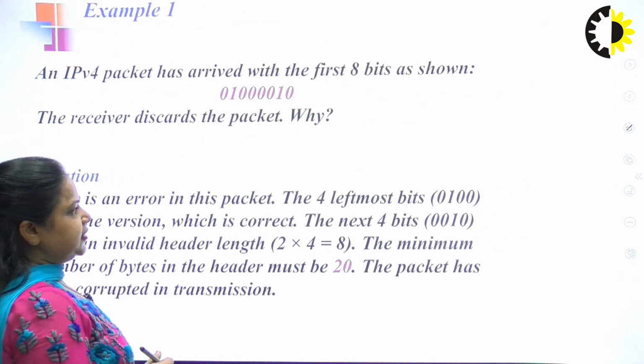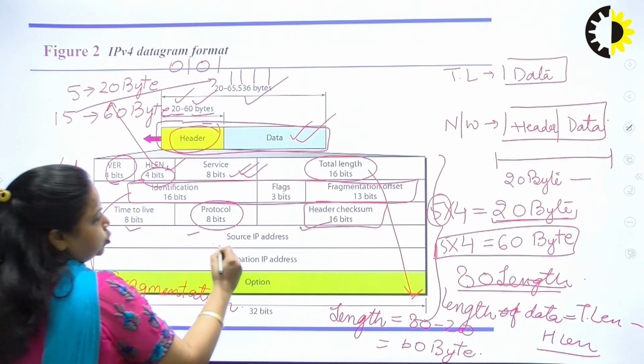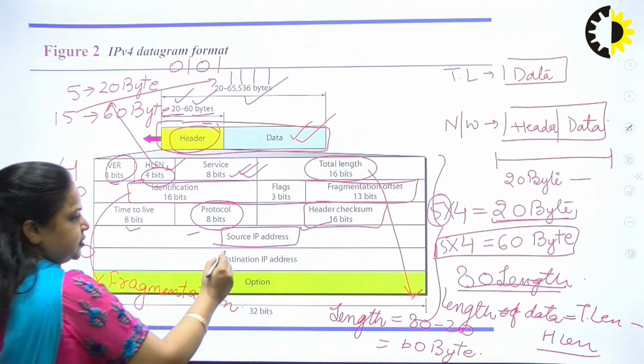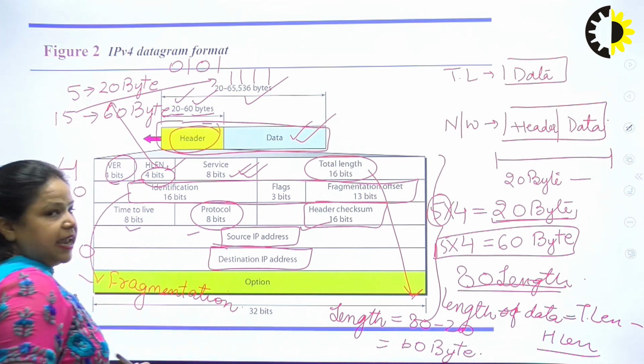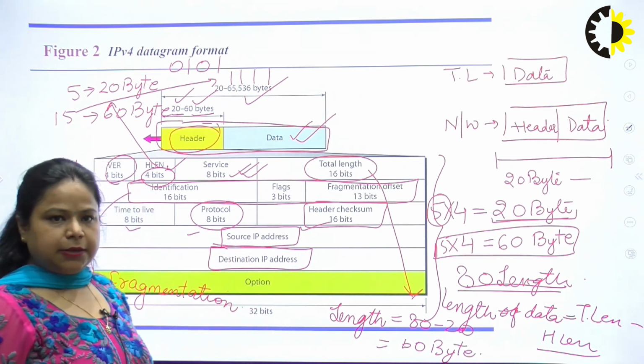Then after that, the next parameters in the header format are the source IP address and the destination IP address. As we all are aware, we are talking about the source and the destination IP address.